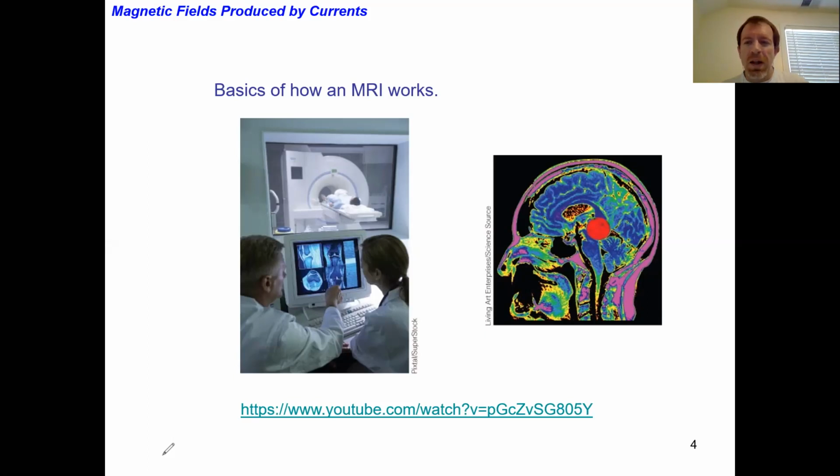It's kind of confining, boring, loud, but also vitally important to the medical field. The basic structure here is that of a solenoid. By changing the magnetic field that the human body is exposed to and looking at some signals from the body, we can develop this internal picture, but I'll let you dig into that on your own if you're interested.